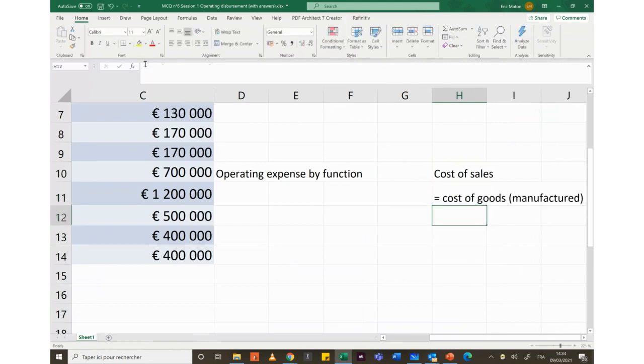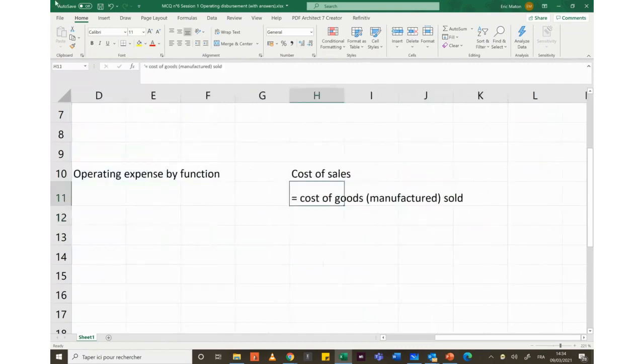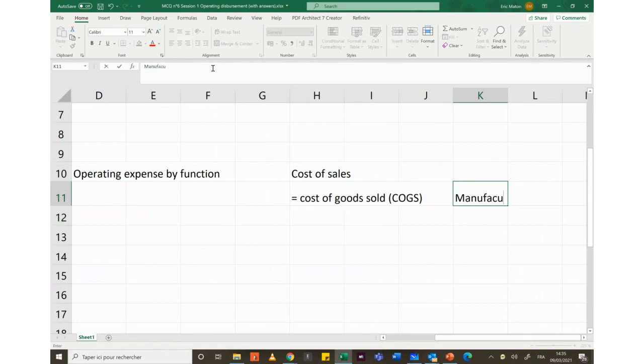So here is what you produce and you sell, for the manufacturing company. We can just say cost of goods sold. Plus the cost of merchandise sold.